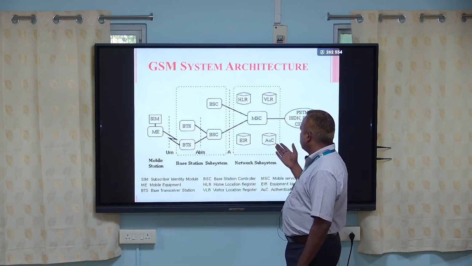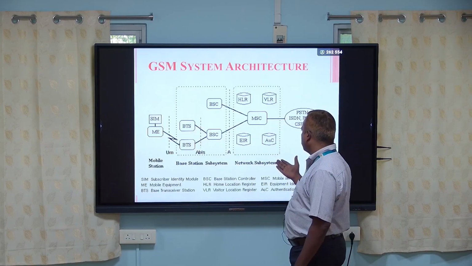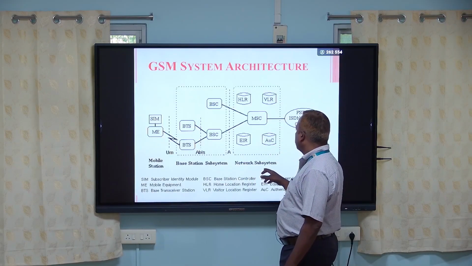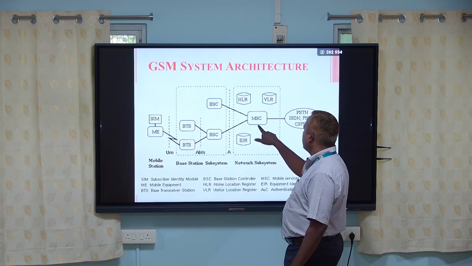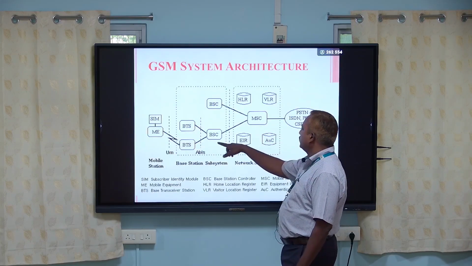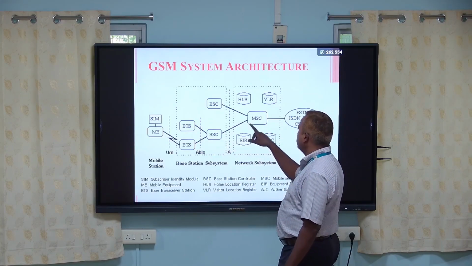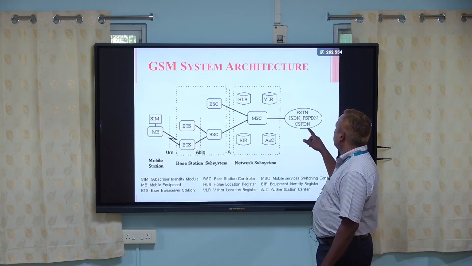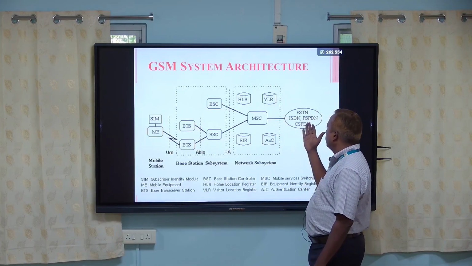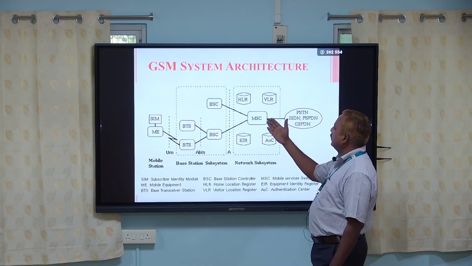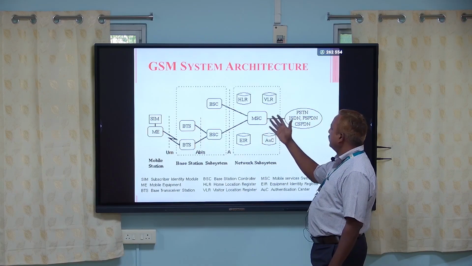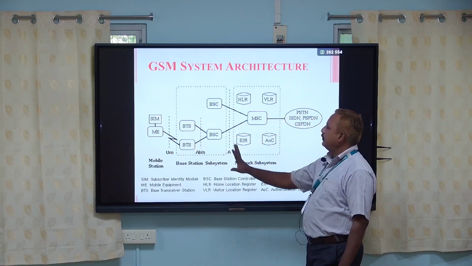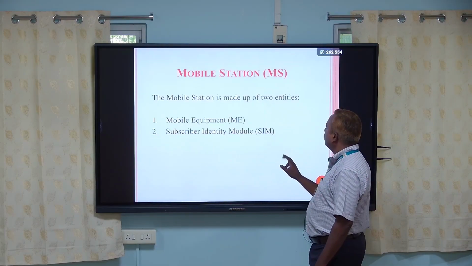All the authentication information is stored in this register, that is the network subsystem. The MSC connects these registers, the mobile equipment, the base station, as well as the PSTN, ISDN and PSDN networks that give internet connection to the mobile service provider. This internet service is what we are availing through our mobile equipment.